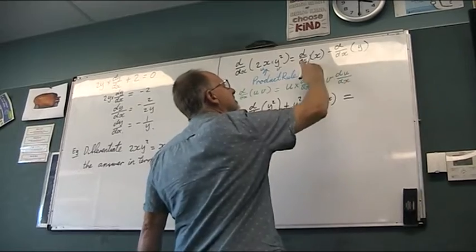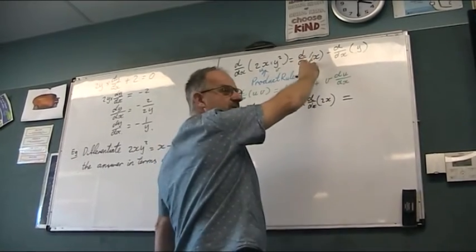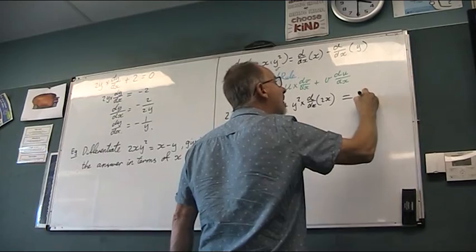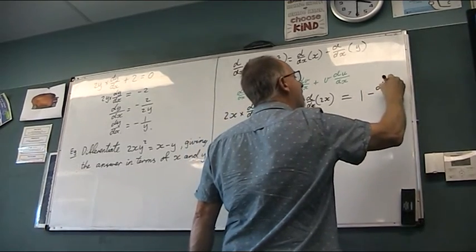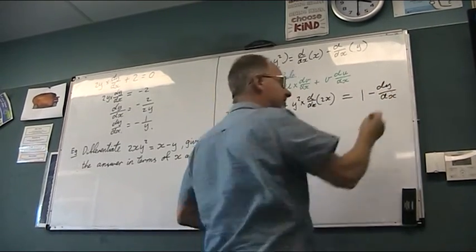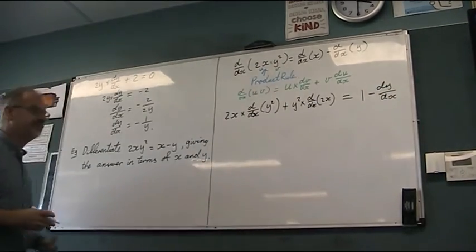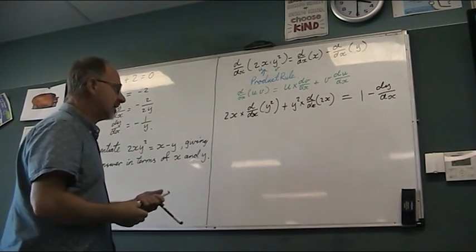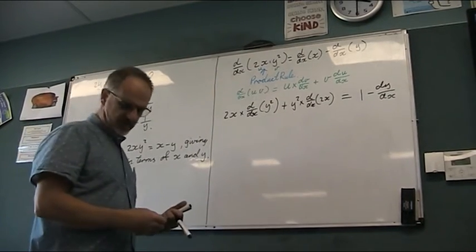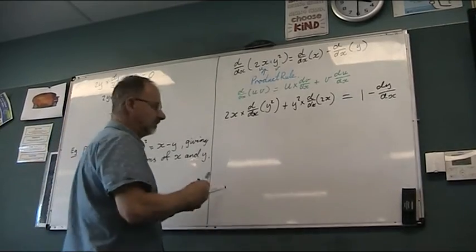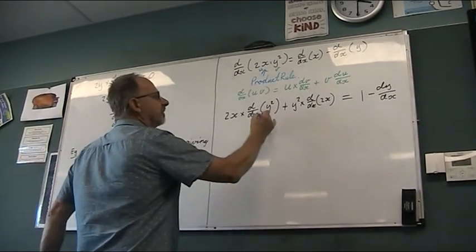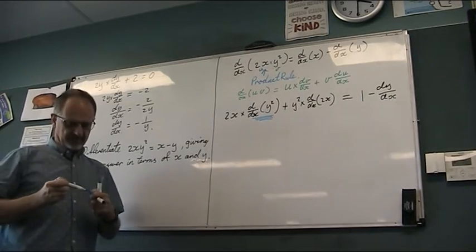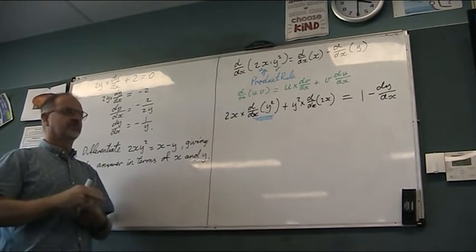Equals the derivative of x with respect to x is 1, minus dy dx on the end. All right. So again, now we've got our technique that we used in the previous example, because we've got this y squared one.